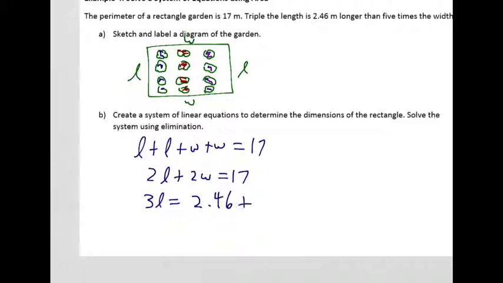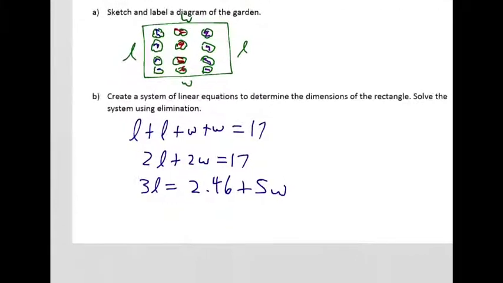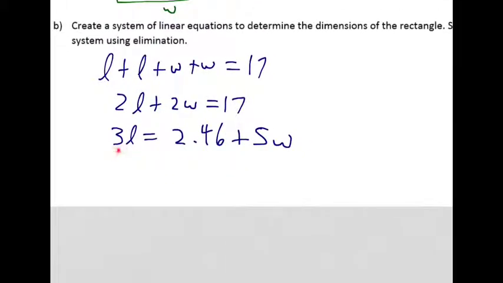Nice. Just to recap: triple the length, usually means equals, 2.46 meters longer, so you have to increase it, plus 5W. Yeah, it's a 5.